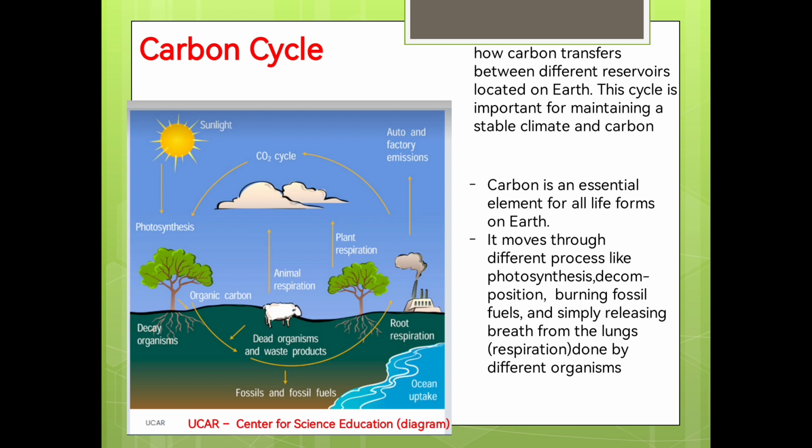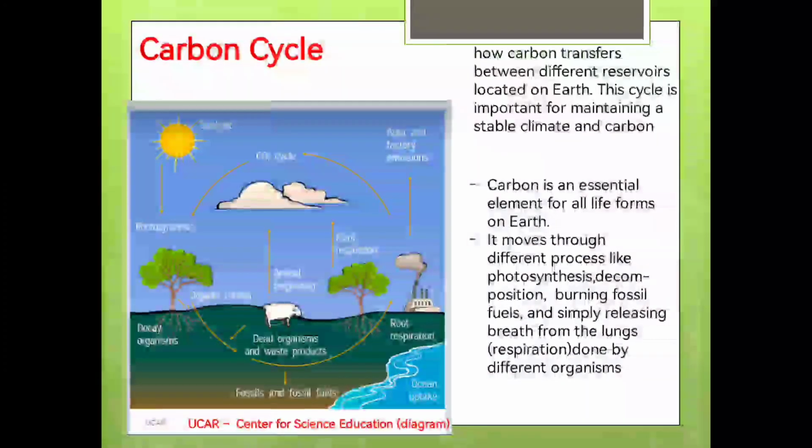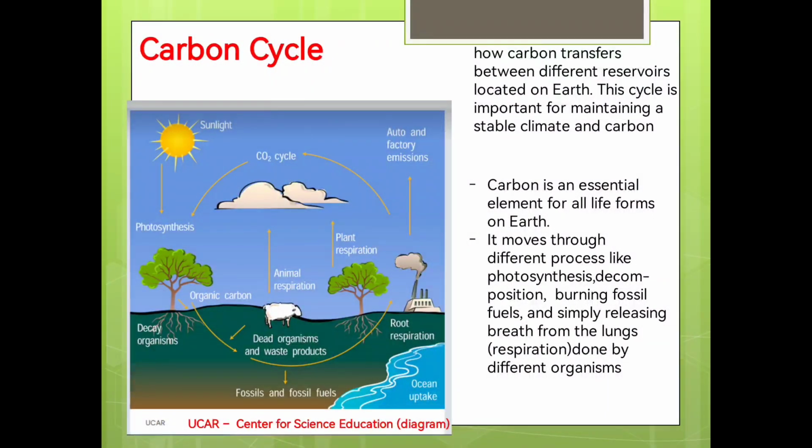plays a very important role in the Earth's carbon cycle. Why? Kasi ocean absorbs much of the carbon dioxide that is released from burning fossil fuels. So lahat ng mga carbon dioxide na nare-release sa atmosphere, ocean will absorb much of those carbon dioxide.